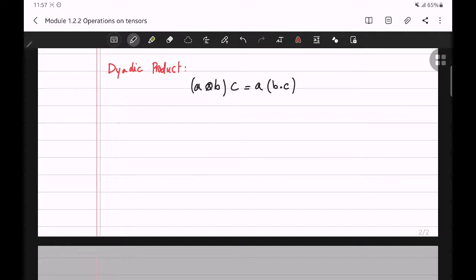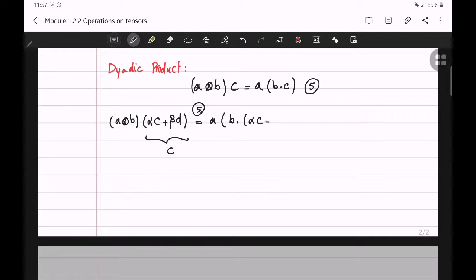So let's suppose that you have a dyad a ⊗ b applied to αc + βd. You can expand this based on this definition. Based on 5, this is a, so b · (αc + βd). We expand this, so this becomes a(b · αc).